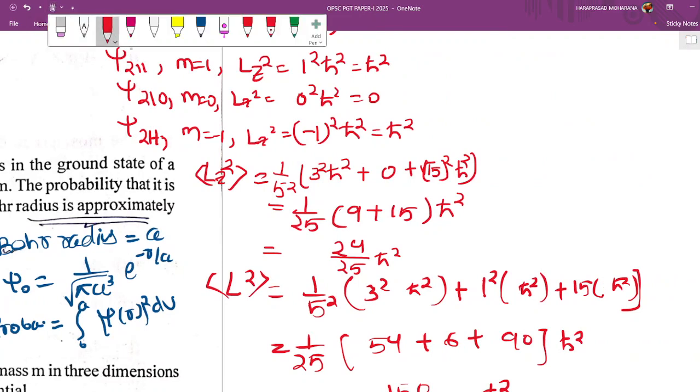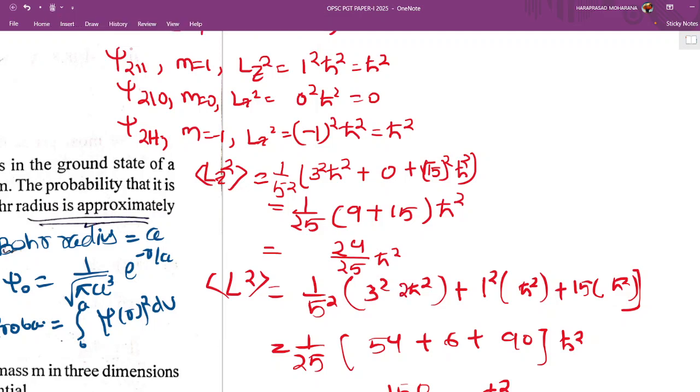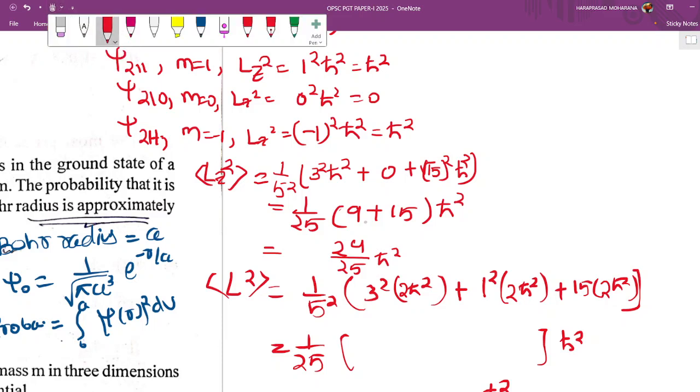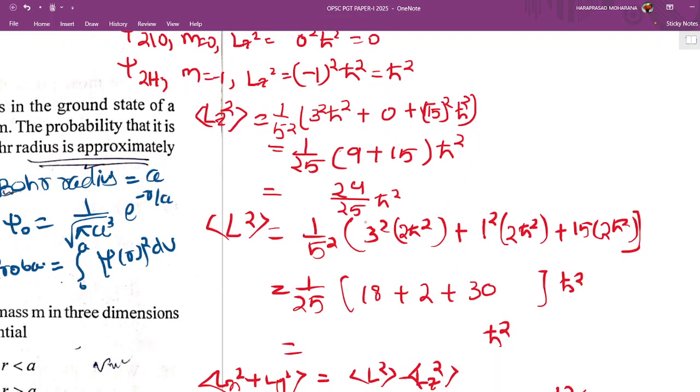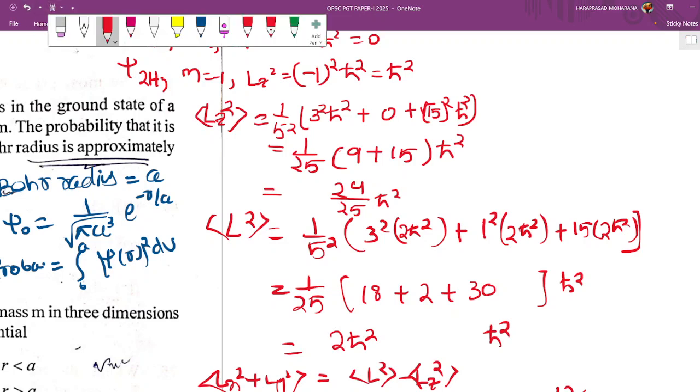Sorry for the mistake. So this is 2 h cross square, and this is also 2 h cross square. So it will become 3 square is 9, 9 into 2 is 18, plus 2, plus 30. So the answer will be 18 plus 2 is 20, 20 plus 30 is 50. So 2 h cross square will be the answer, because 25 is there.